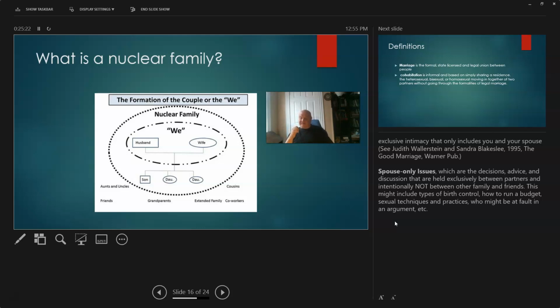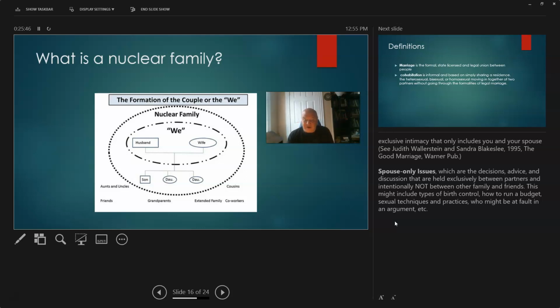Spouse-only issues are decisions, advice, and discussions that are held exclusively between partners and intentionally not between other family and friends. They include types of birth control, how to run a budget, sexual techniques and practices, whether, in the case of same-sex marriages, to adopt, who might be at fault in an argument.